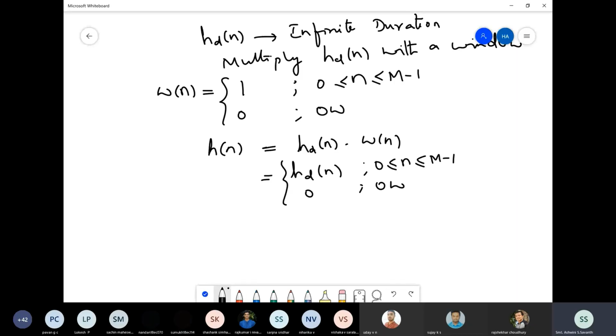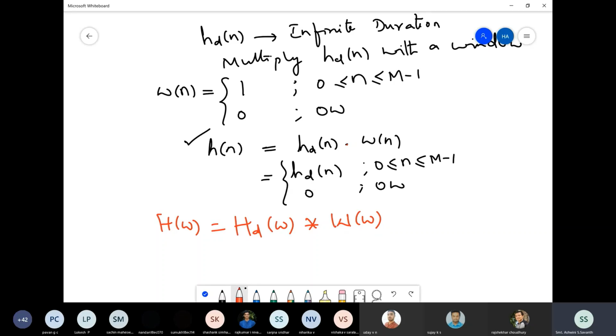If you look at the expression HD of n into W of n and write the frequency domain representation, that is, the DTFT, H of omega will be equal to HD of omega, since multiplication here becomes convolution in the frequency domain, with capital W of omega.